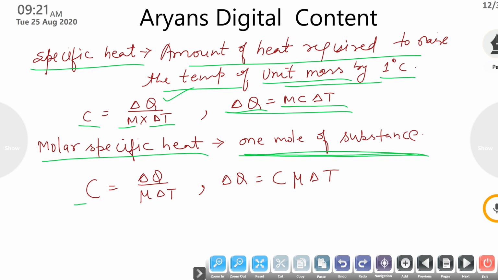It is represented by capital C. The difference is just in notation, small c and capital C. The formula will be the same, that is the amount of heat per mole, where mu is the number of moles and delta T is the rise in temperature. By cross multiplying, we can get this value, that is the amount of heat.